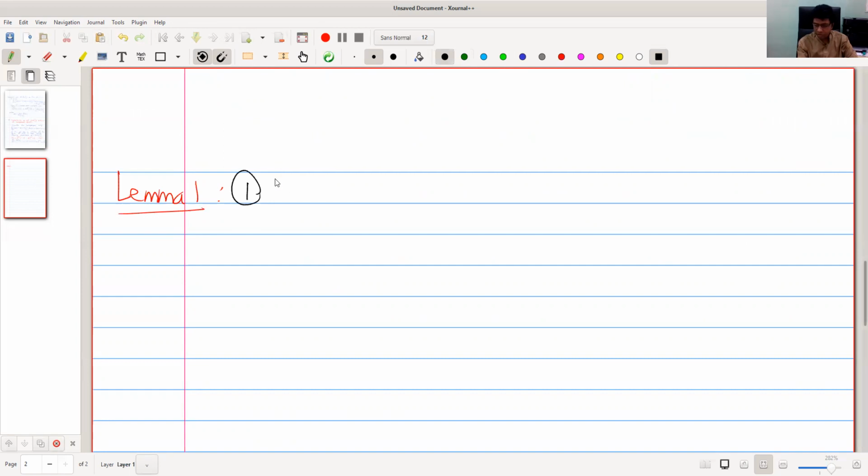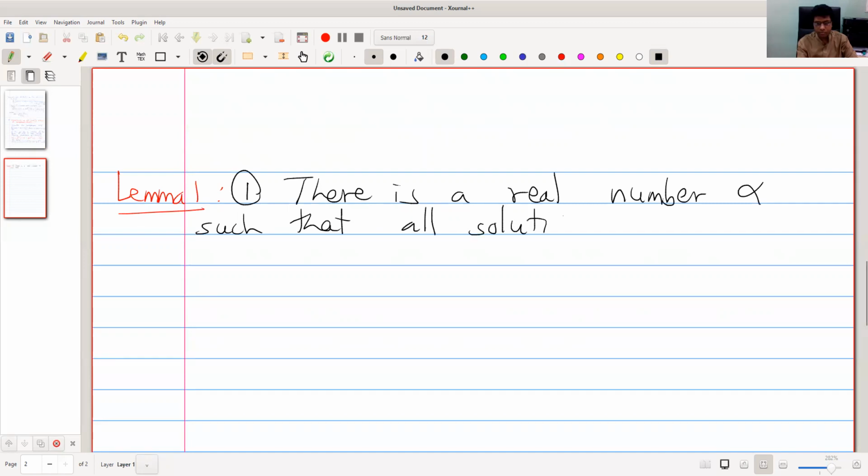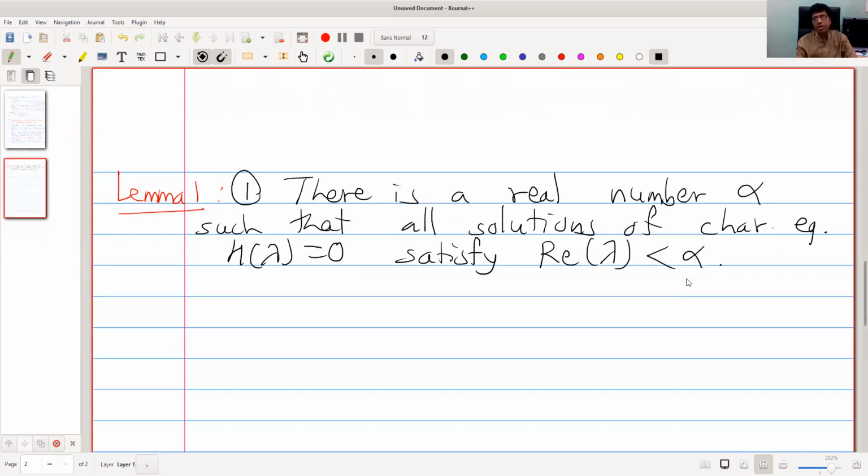First, there is a real number alpha such that all solutions of the characteristic equation h of lambda equal to 0 satisfy real part of lambda less than alpha, meaning all the characteristic roots have bounded real part; the real part of all the characteristic roots is bounded above.